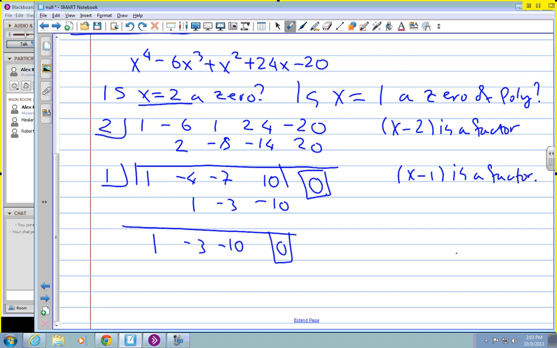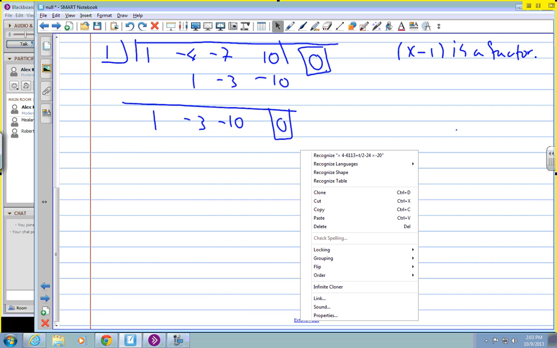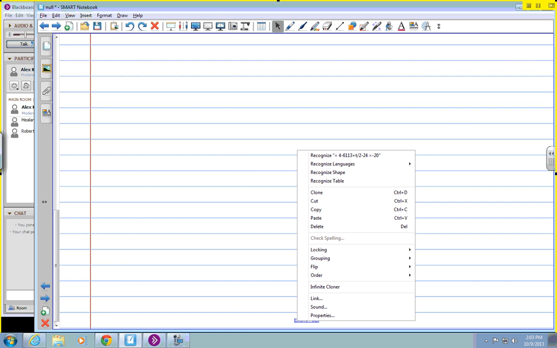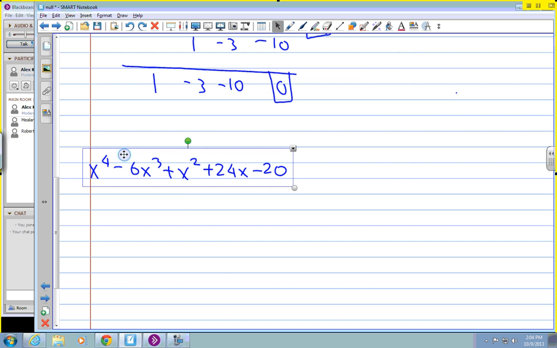So that means my original polynomial has 2 factors already, x minus 2 and x minus 1. They're both factors of my polynomial.